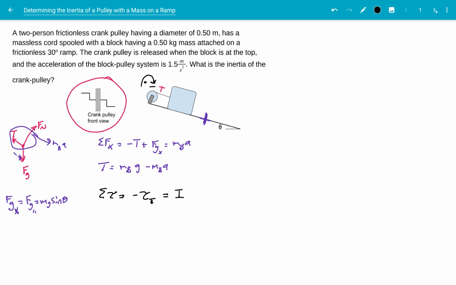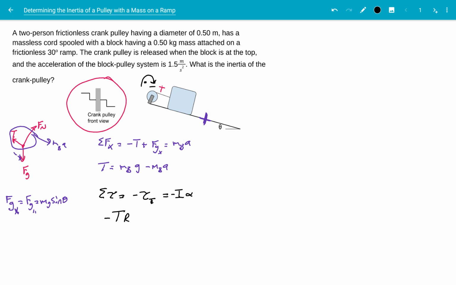Alpha will also be rotating in a negative direction, because of me using the right hand rule. So I alpha. The torque due to tension is going to be the radius times tension.